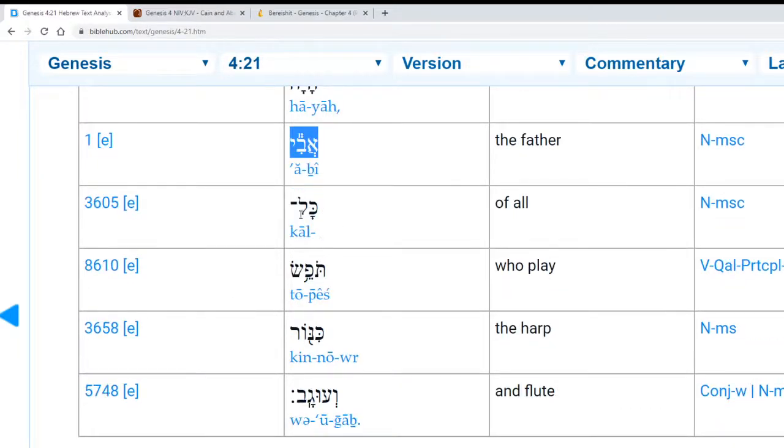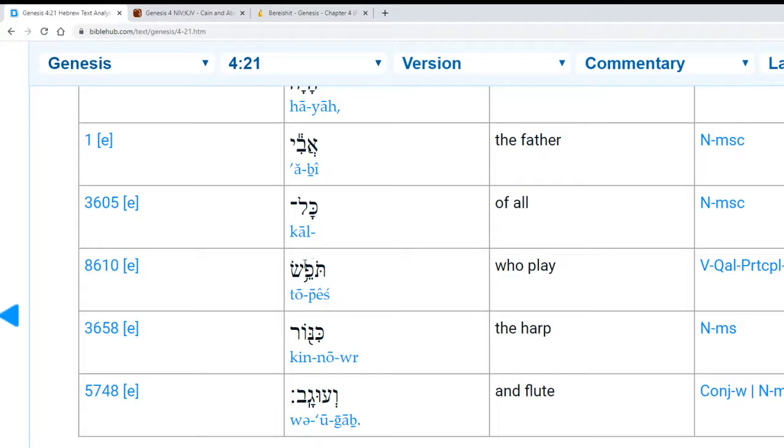Kol tofes, every, kol we've had. So tofes, tefisa, means to grasp. Here they're translating it as to play. So you can try to figure out the verb here. Obviously, the pe and the sin are somewhere in there.